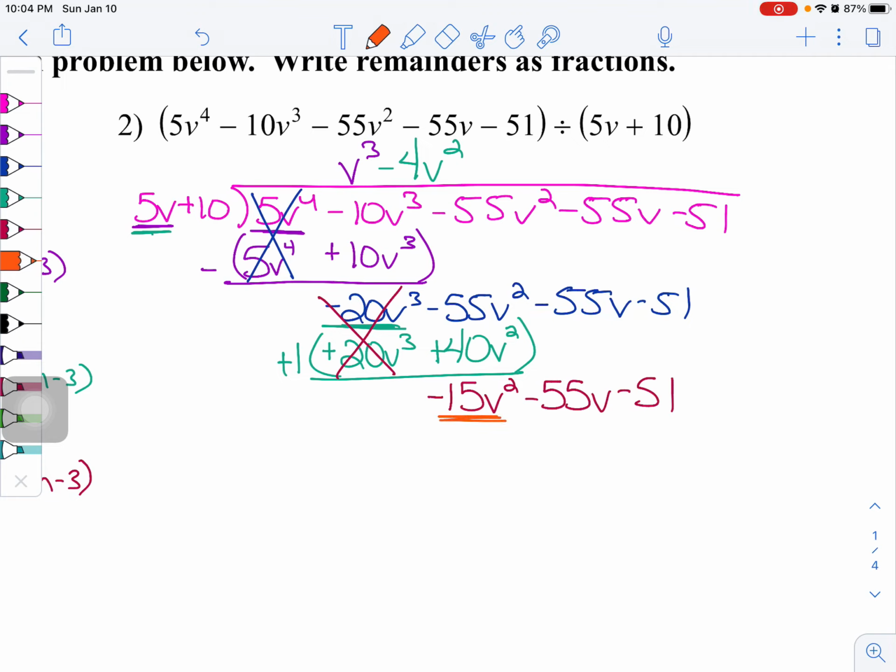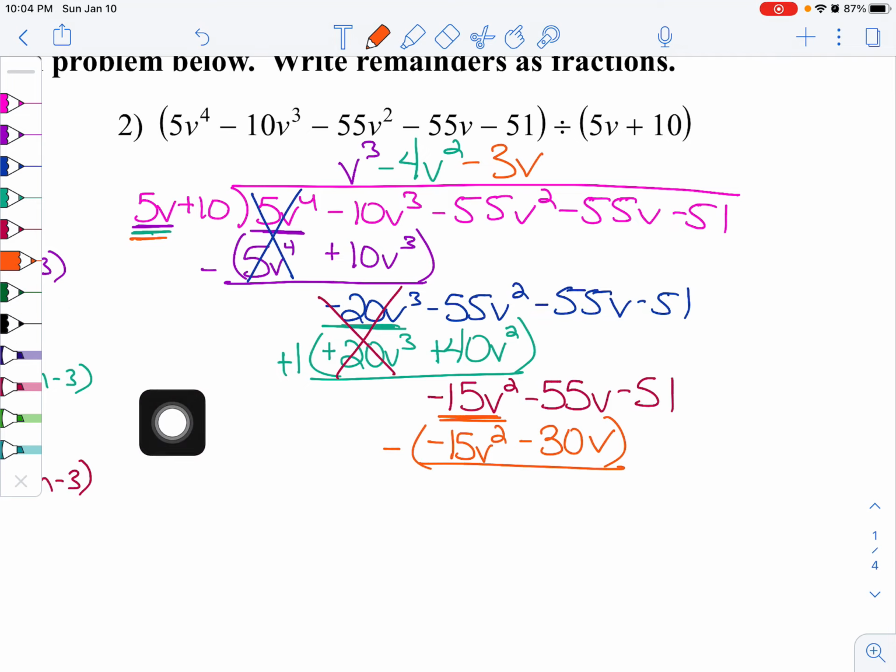All right, so take negative 15v squared here. We're going to divide by 5v. So what is that, negative 3v? Yep. Okay, so negative 3v times both of these terms: negative 15v squared, and then negative 30v.